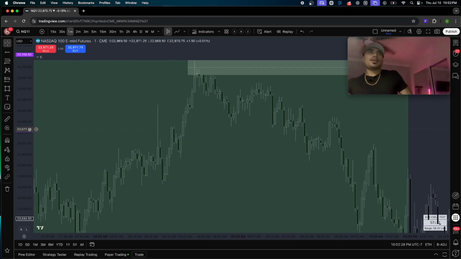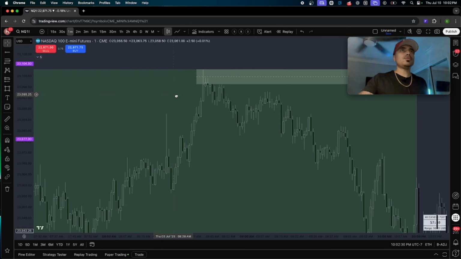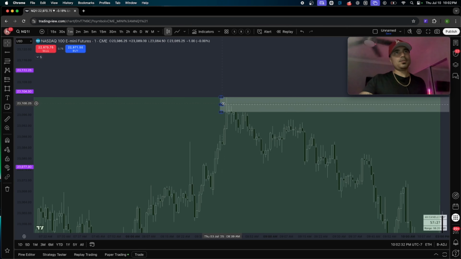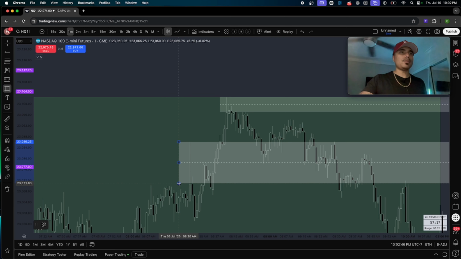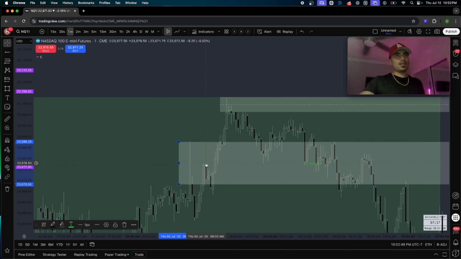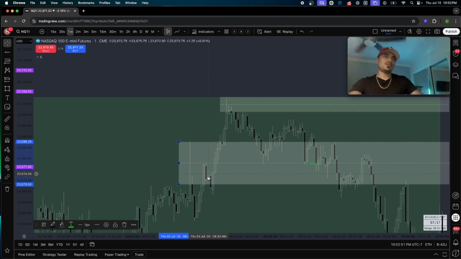We respected the consequent encroachment of this wick, and you can almost say we respected this one, because it's hard to tell. That's one thing about this strategy. Even Powell talks about it. Technically, we respected this rejection block.